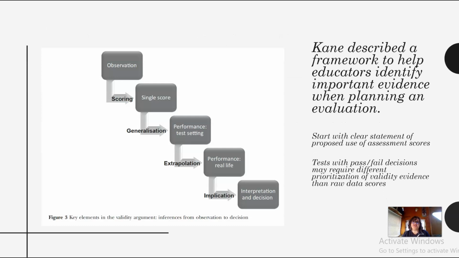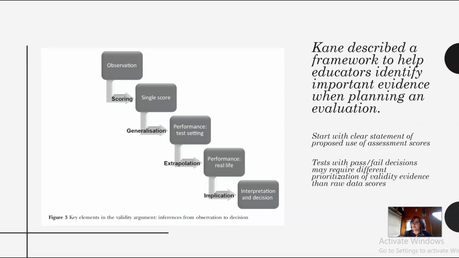This slide is actually Kane's framework and some of the key elements in the validity argument. And you can see here where the arrows are located, there's 4 different areas, and that's scoring, generalization, extrapolation, and implication. Scoring is translating an observation into one or more scores as a reflection.